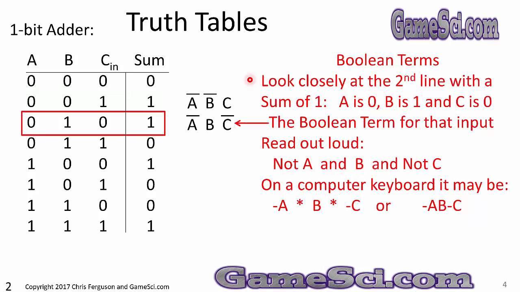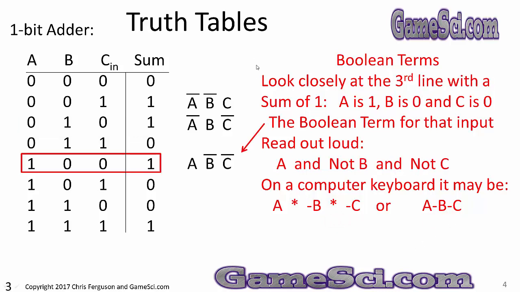Looking closely at the second line with the sum of 1, I've highlighted it with the red box. A is 0, B is 1, C is 0. The Boolean term for that input, read out loud, is not A and B and not C. And on a computer keyboard, it may be typed out like this, or simply not A, B, not C. Looking at the third line with the sum of 1, A is 1, B is 0, C is 0.